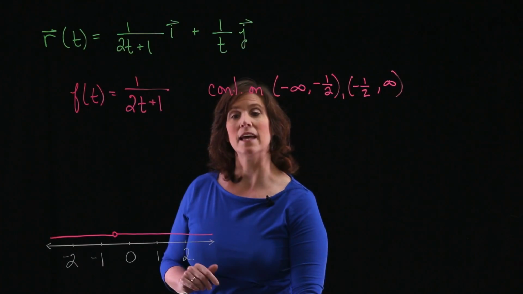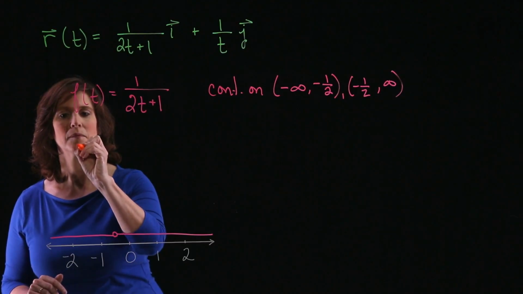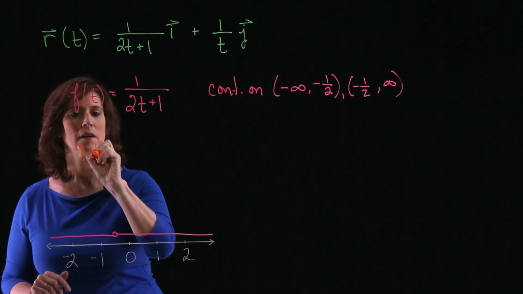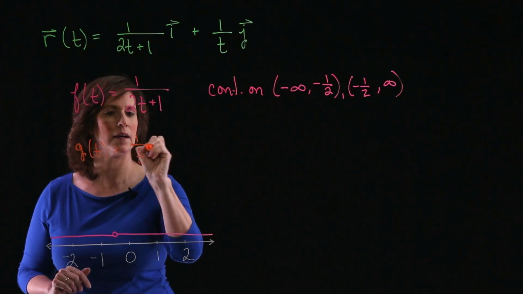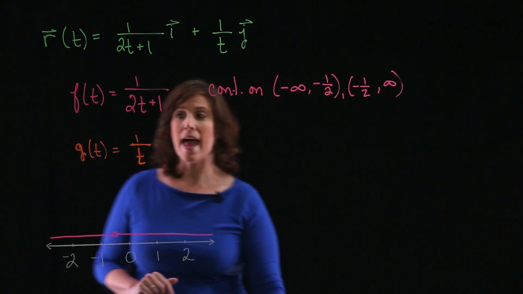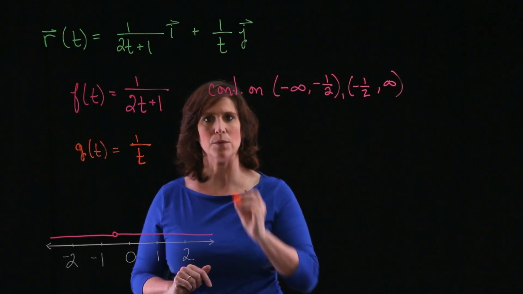Okay, let's do the same thing for g of t. G of t is 1 over t. And it's continuous everywhere except when t equals 0.